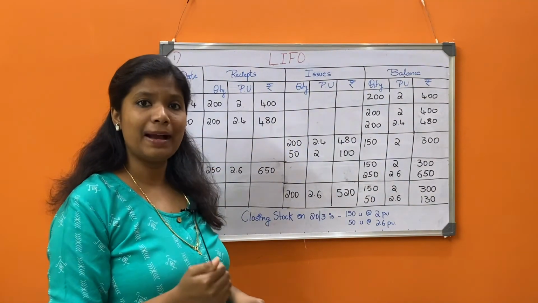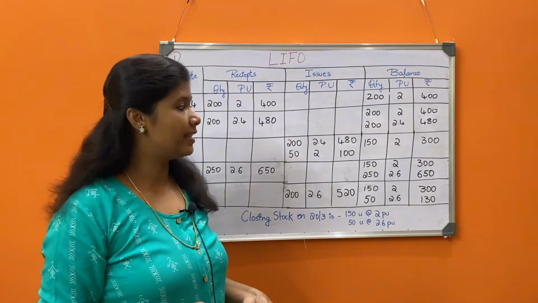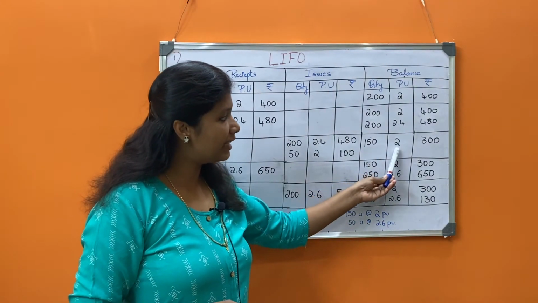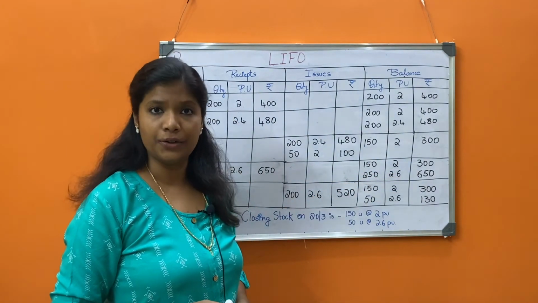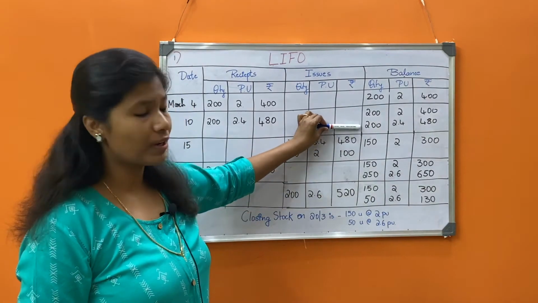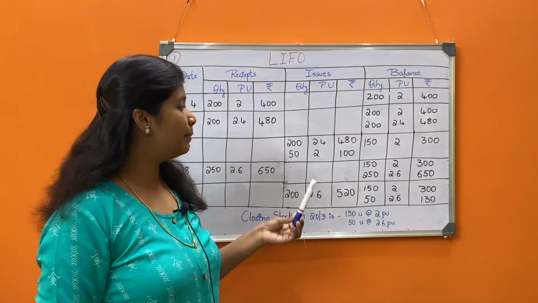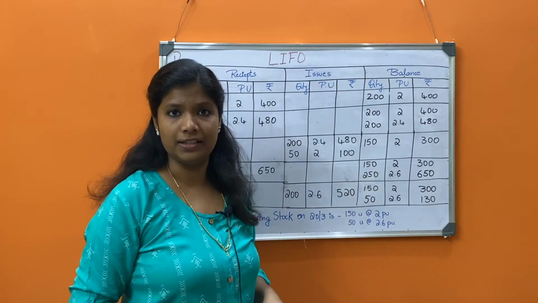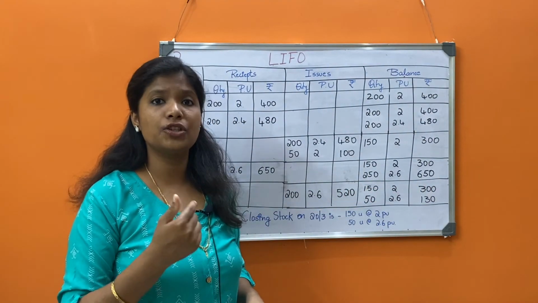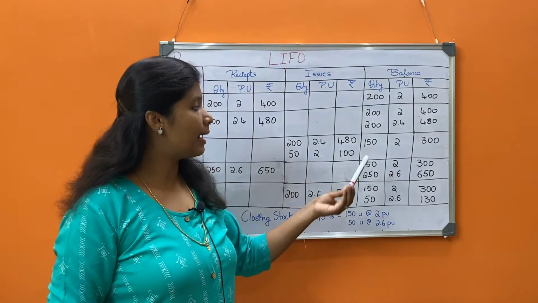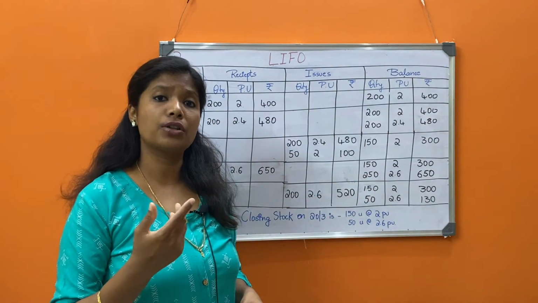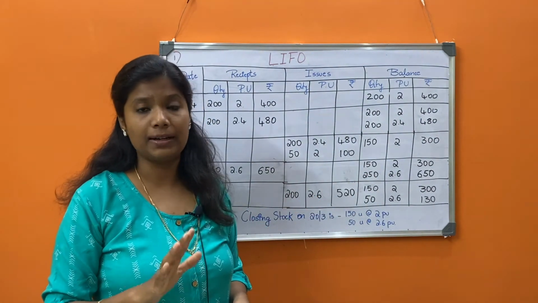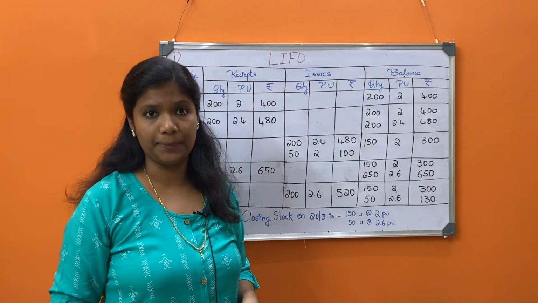So 200 minus 50, 150 units, 150 at the rate 2, 300 rupees. Does the next stock exist? No, we have completely issued it, so we are not writing the balance. Clear? Only if the stock is unsold, it will come in the balance. If the stock is sold out, it does not appear in the balance column.